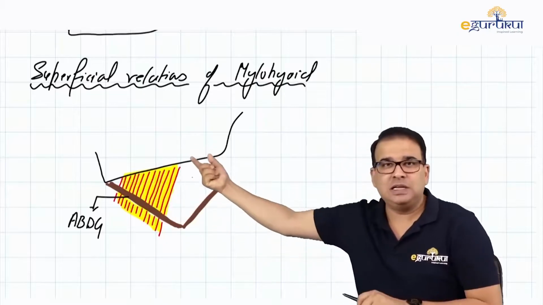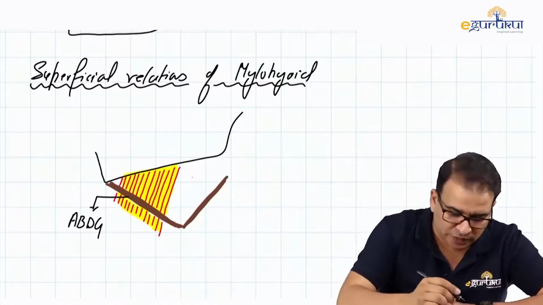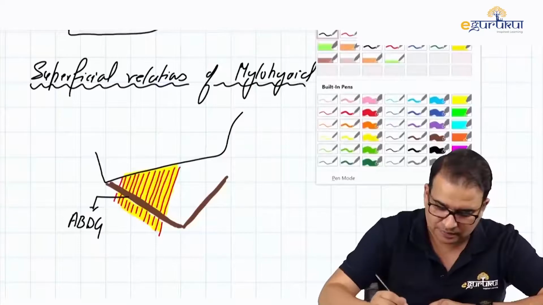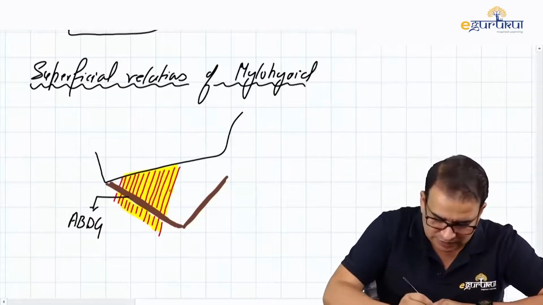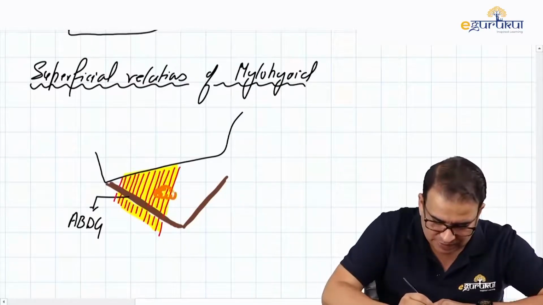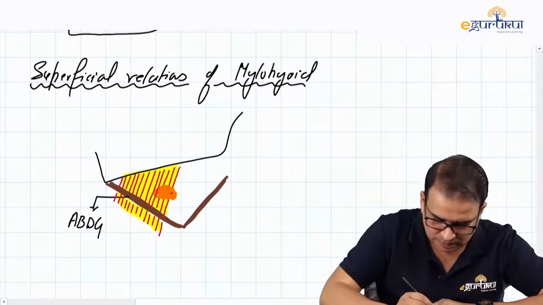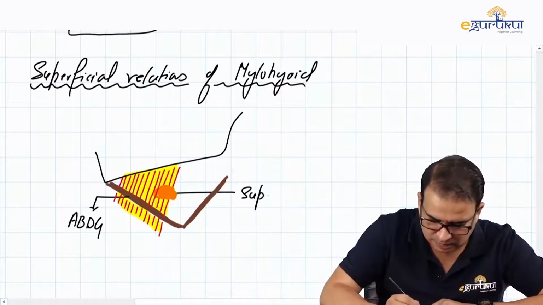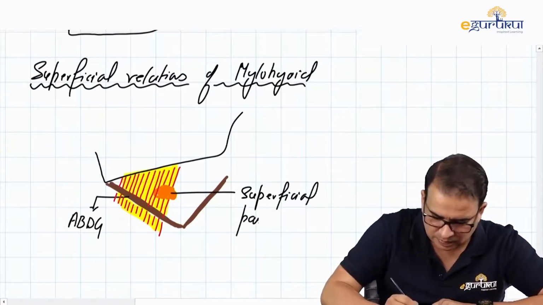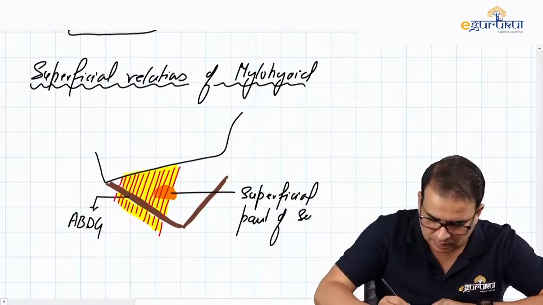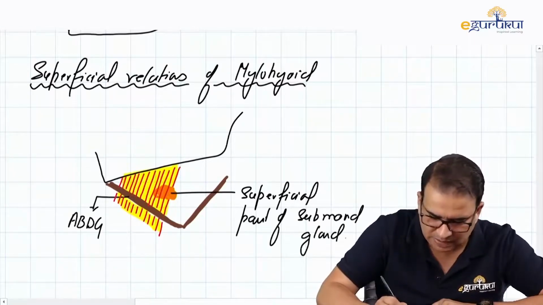So deep to it was a deep part. Here we have superficial part of submandibular gland. Superficial part of submandibular gland is there.